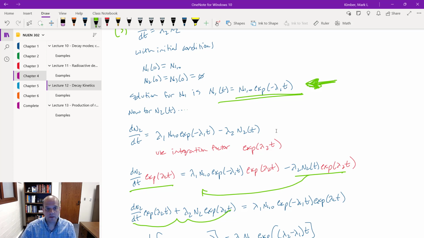So the activity for the stable product is obviously 0 because I'm not changing those atoms. But I'll have an activity for isotope 1 and an activity for isotope 2. But I'll have inventories for all three. Let's go to a couple examples here.